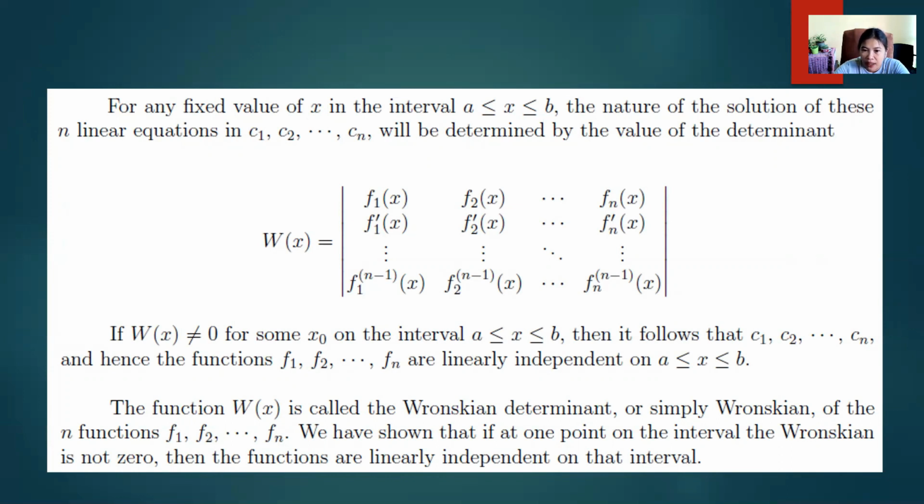Take note again, if the value of the Wronskian determinant is not equal to 0, then the functions are said to be linearly independent on that particular interval.